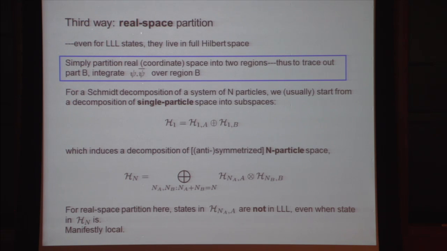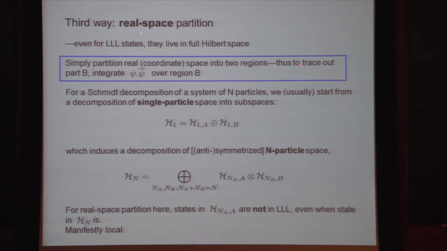All right, so now there's a third way that we can do a partition on the quantum Hall problem. We can take the view, perhaps different from Duncan's, that even if I'm talking about lowest Landau level states, they live in the full Hilbert space that includes all Landau levels. There's nothing to stop me from saying that I partition my real space, my coordinate space, into two regions just using the original xy variables.